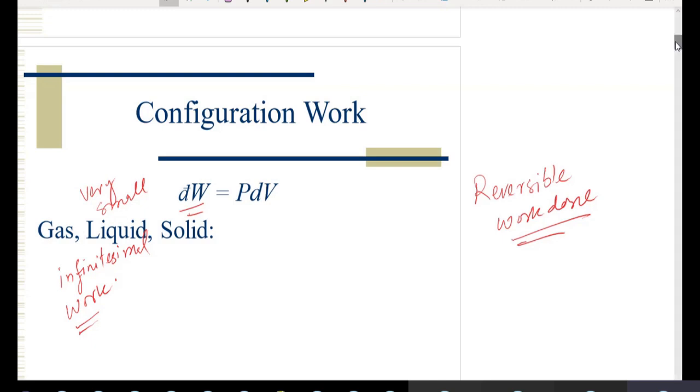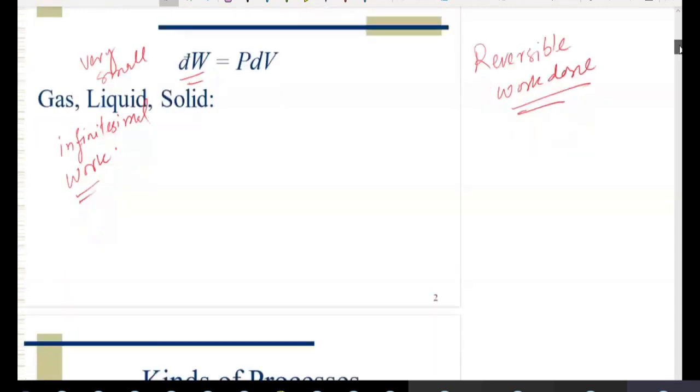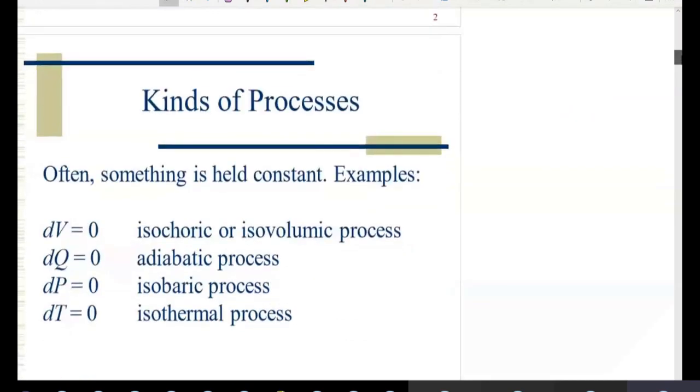So today we are basically going to distinguish between various kinds of processes and the work done related to those processes. Because work done can be achieved with various varying quantities, we have given various names to these processes.